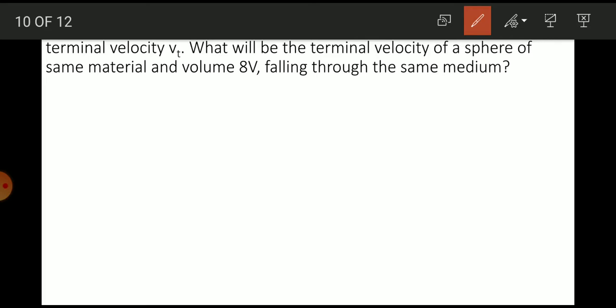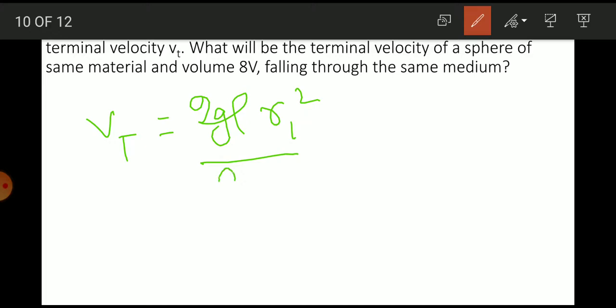Look at your book and read. The terminal velocity is written as 2g rho r1 square divided by 9 eta.